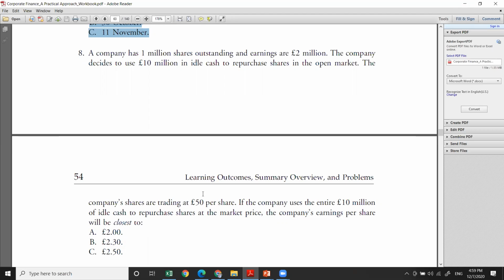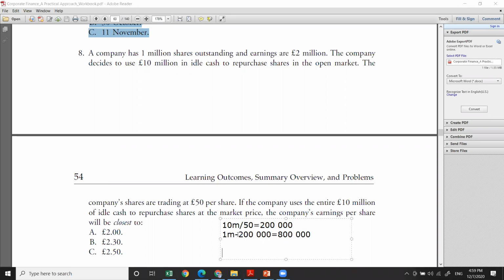But how many shares? 10 million divided by the price per share, so 10 million divided by 50, gives us 200,000 shares bought back. How many shares will be outstanding after the purchase? 1 million minus 200,000, so outstanding shares after buyback will be 800,000.